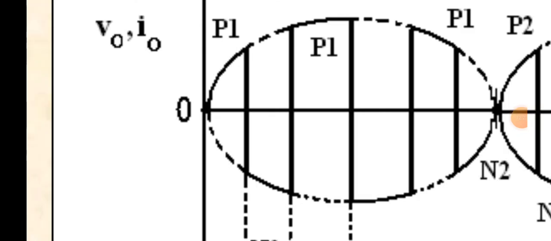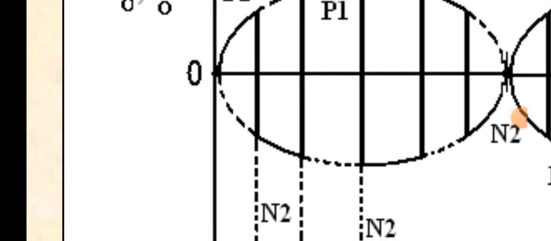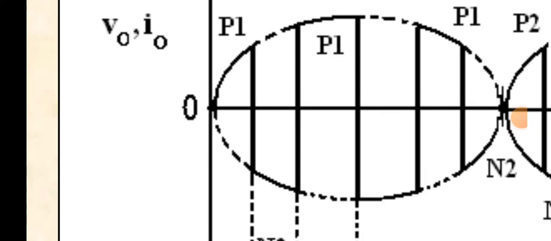Then N2 will be conducted, and at some point it will be turned off forcefully, and again P1 will be conducted. Likewise the first envelope will be formed.